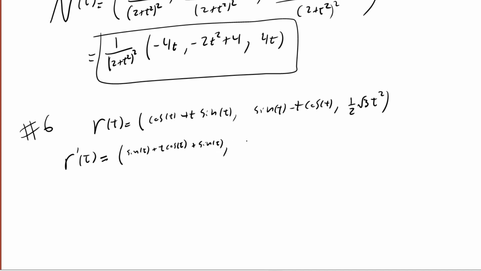And here I have derivative of sine is cosine, and then the product rule again, minus t times derivative of cosine is negative sine, and then minus cosine of t. And the derivative of the last one is root 3 t.